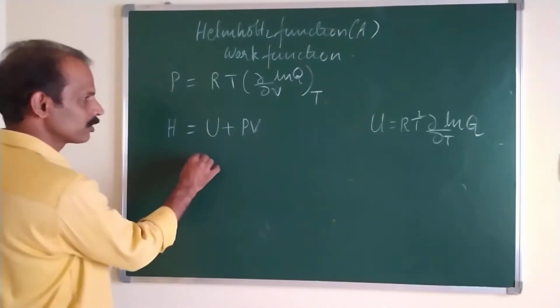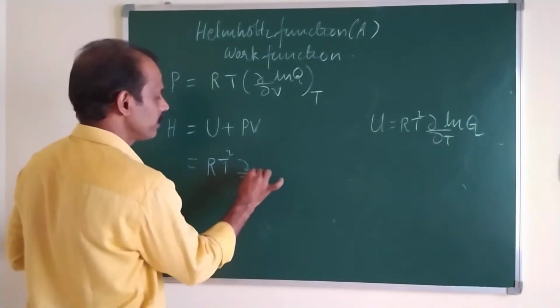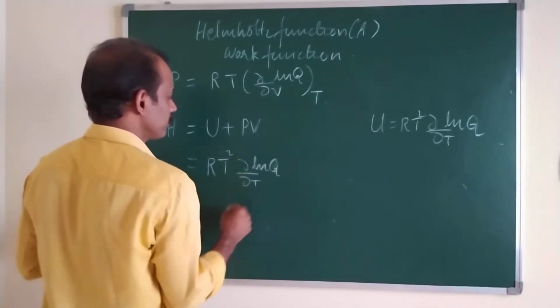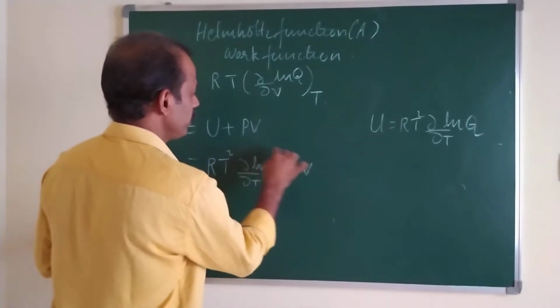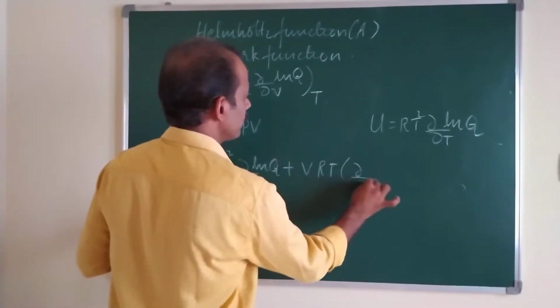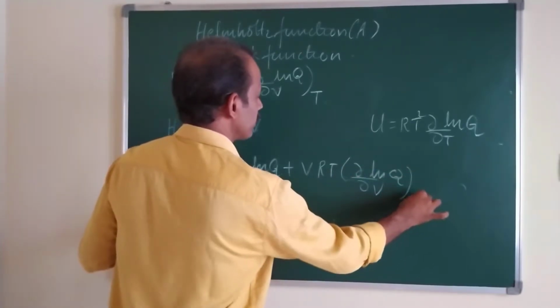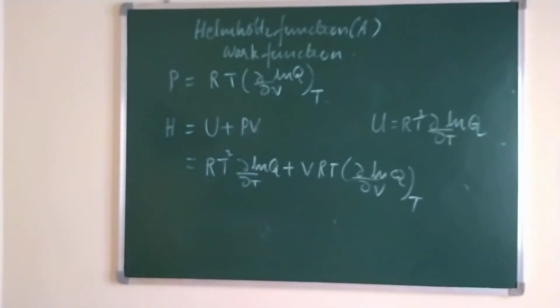So substituting the values of U and P, RT square dou by dou T ln Q plus V into RT dou by dou V ln Q at constant temperature.